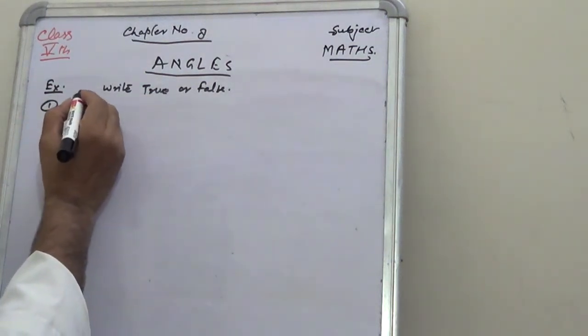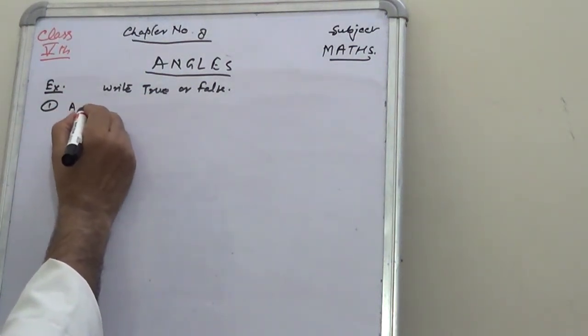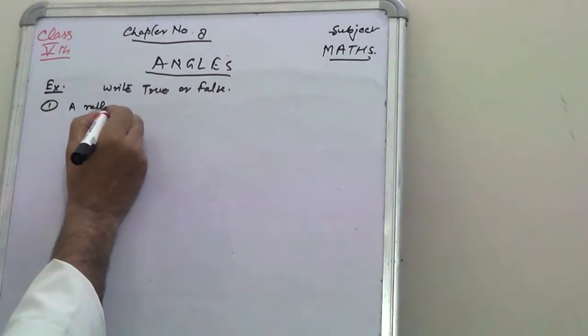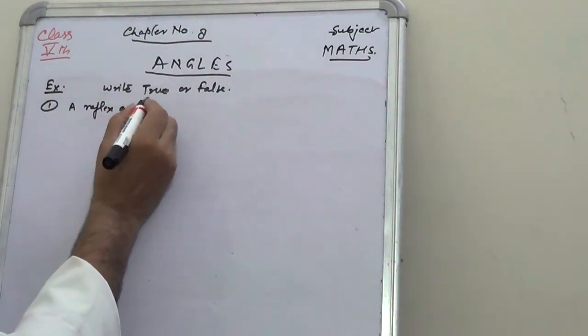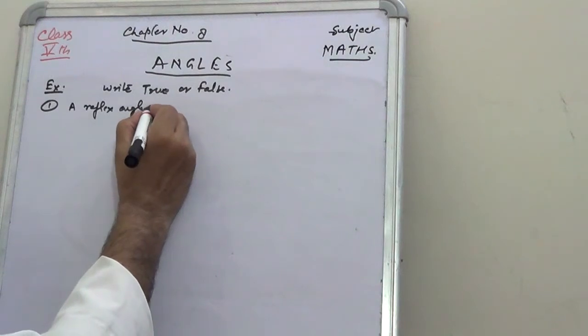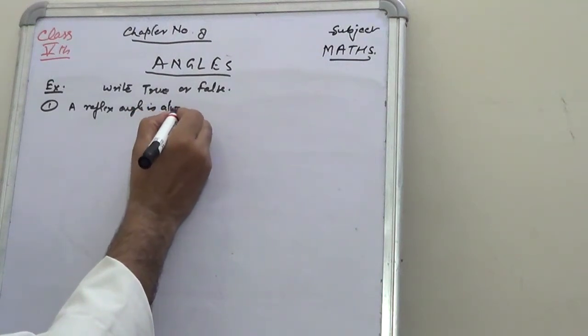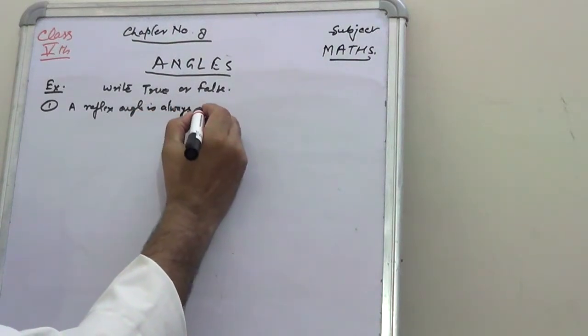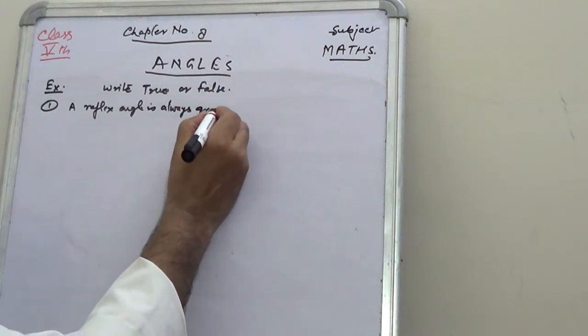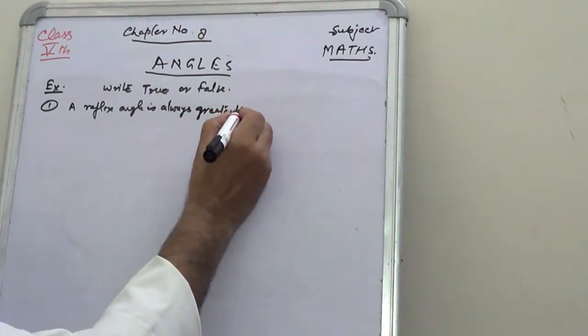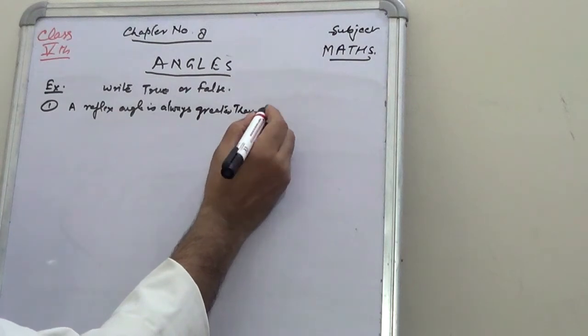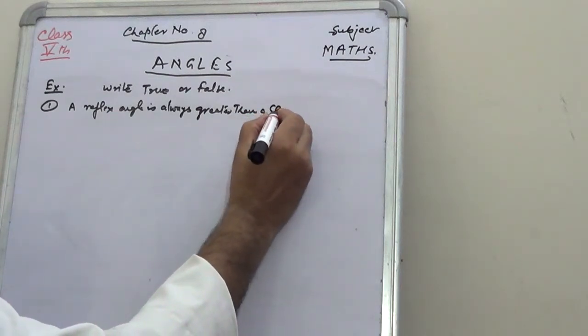Like, a reflex angle is always greater than a straight angle.